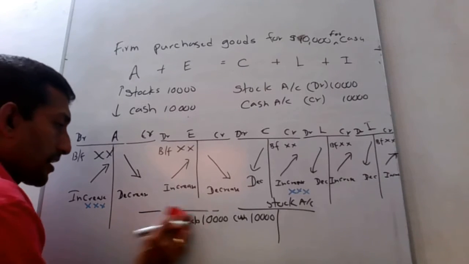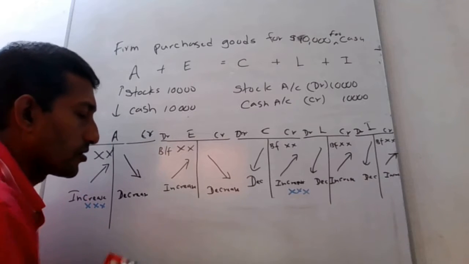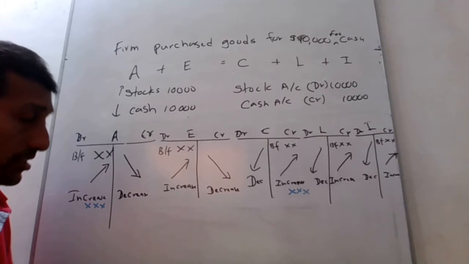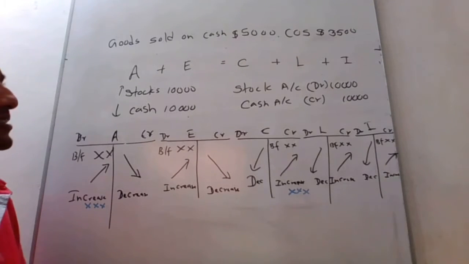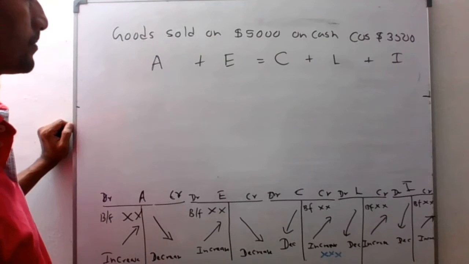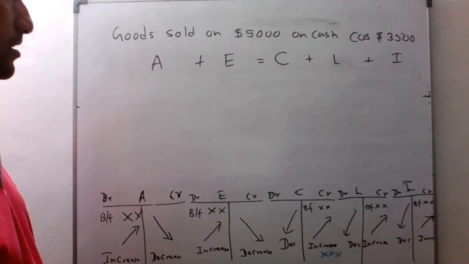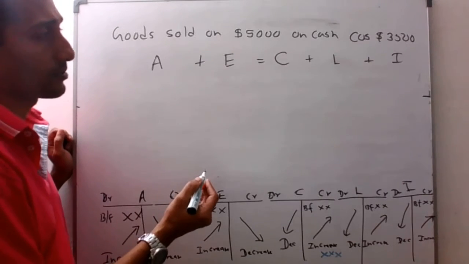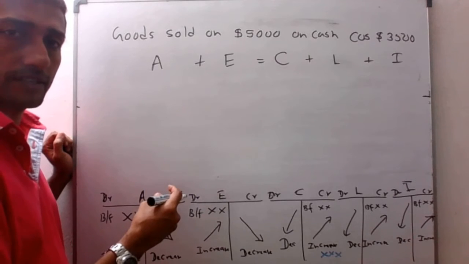Right, okay, so let's try to understand another transaction. The more you learn these different examples, the more comfortable you will be. So if you go to the next transaction, the transaction is goods sold for 5,000 in cash and the cost of the sale was 3,500.